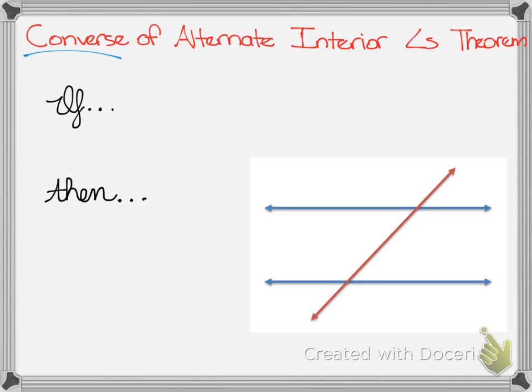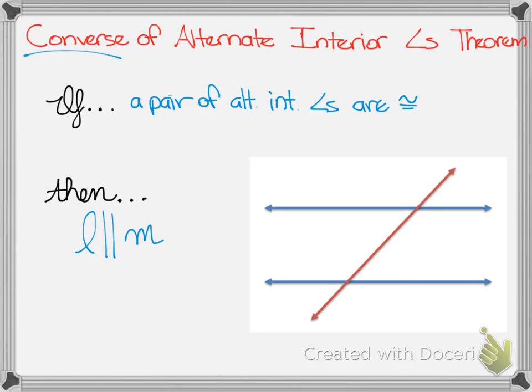We also have a converse of alternate interior angles. It says the same thing. If a pair of alternate interior angles, and I'm going to abbreviate a little bit, are congruent, then we know that L is parallel to M. You need to be very careful when you're doing work, especially on a quiz and a test where all the sections are mixed together, that you know what you're trying to prove. Are we trying to prove things are parallel?